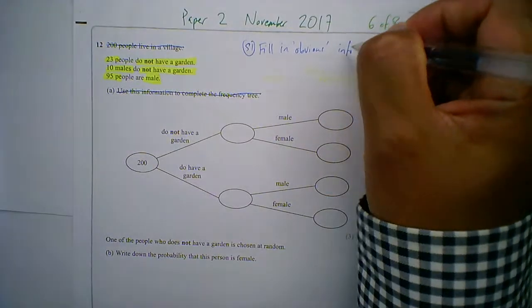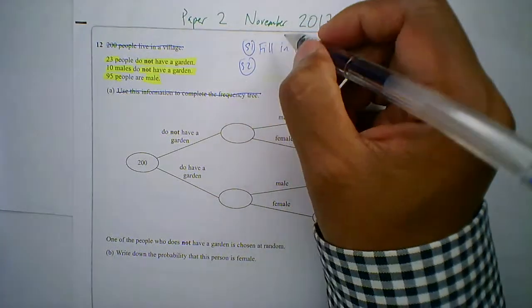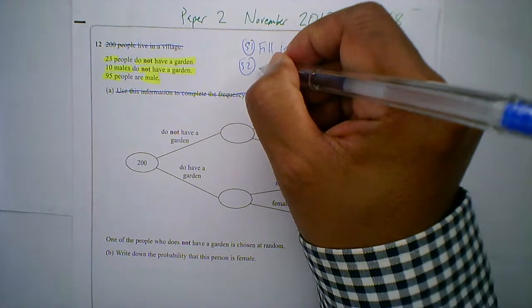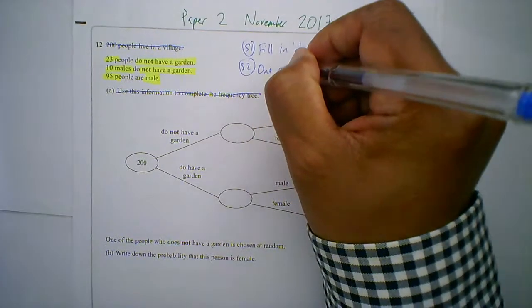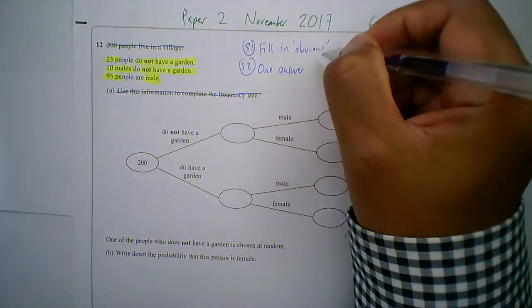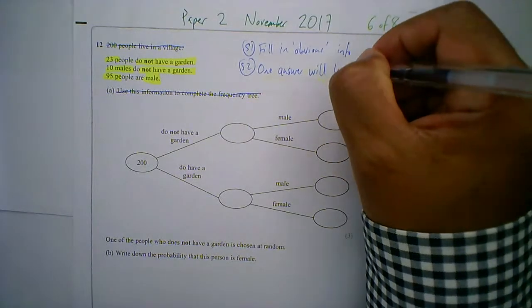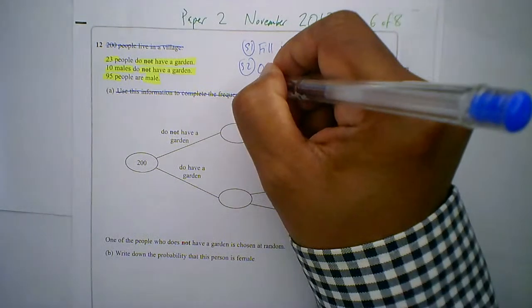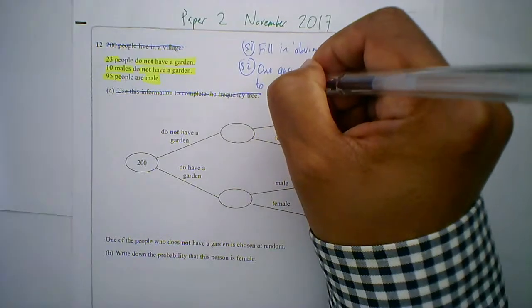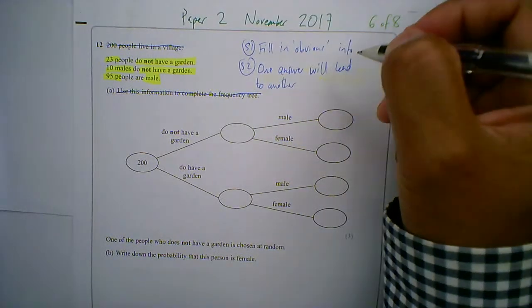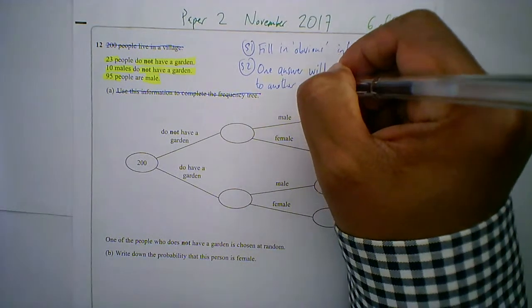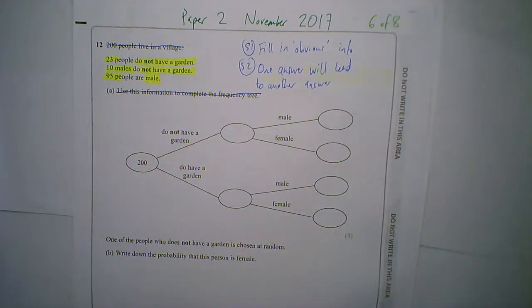And then step 2 is one answer will lead to another answer. One answer will lead to another answer. I'm going to use invitation. I like that word, invitation, as well.